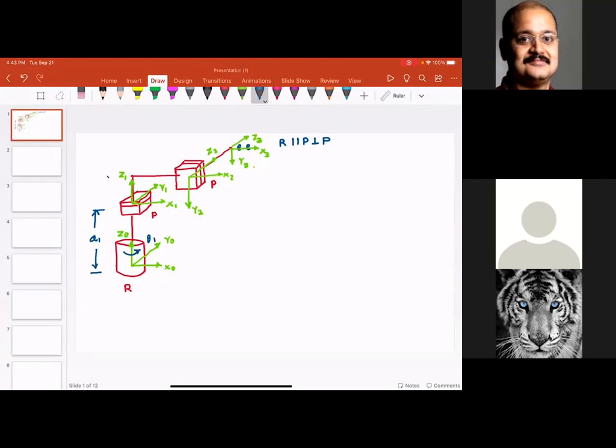This distance d2. This distance a2. This distance d3.